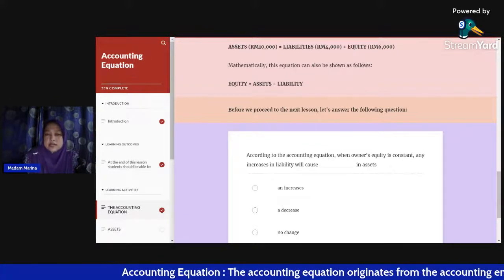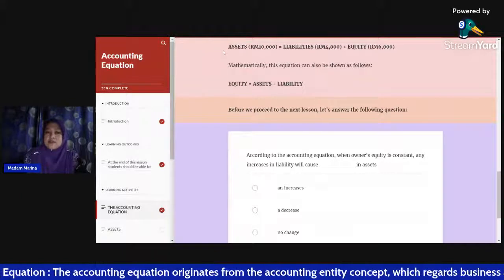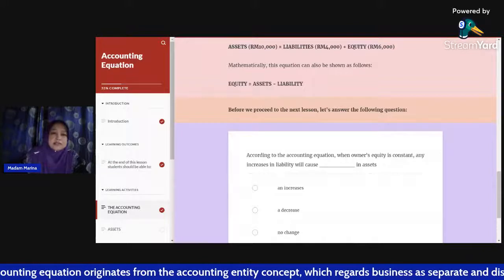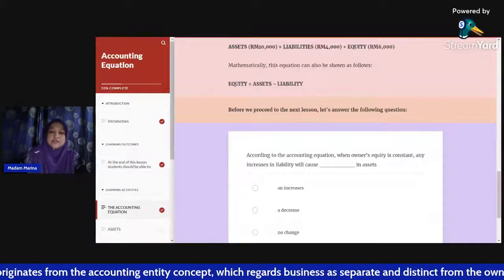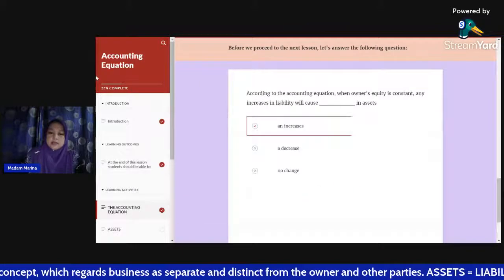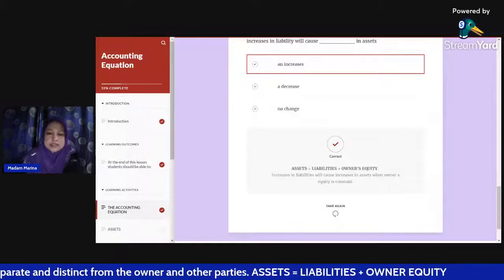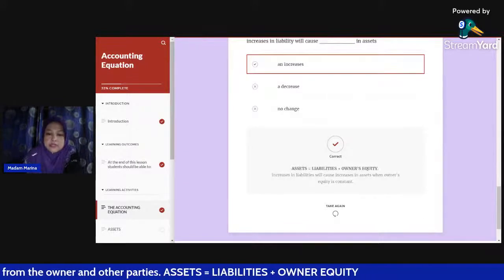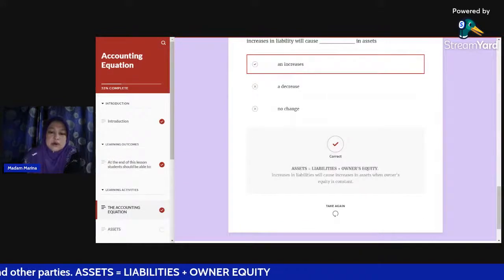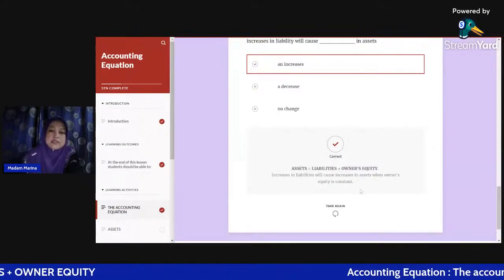So liability 6,000, equity constant 6,000. How about asset? Of course, it will also increase by 2,000. So the answer is an increase. Asset equal to liabilities plus owner equity. Increases in liability will cause increases in asset when owner equity is constant.